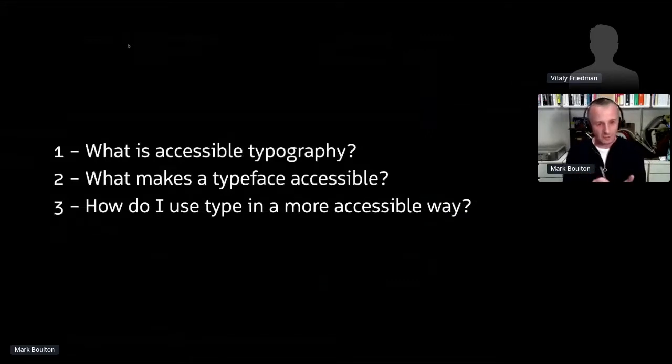I'll come on to that. I'm going to talk about what makes a typeface accessible specifically, because there are a bunch of attributes and values and things baked within the letter forms of typefaces that makes one typeface more accessible than another. And then I'm going to talk a little bit about how we might use type in a more accessible way.